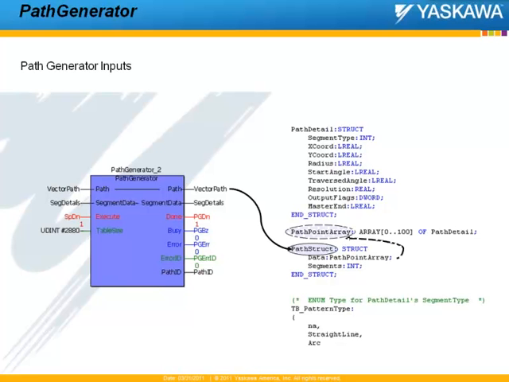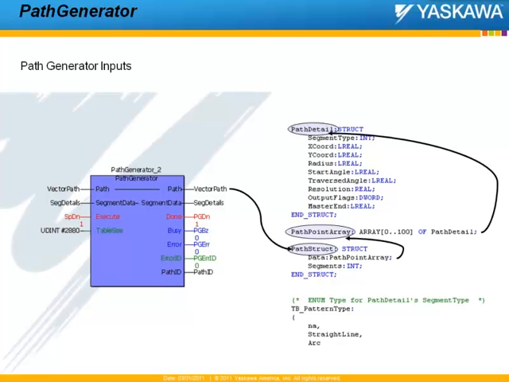And the different detail elements that you create for a path can be seen under that structure called path detail at the very top. It contains information about the segment, the x coordinates, y coordinates, a radius in the case of an arc, start angle and a traversed angle for an arc, resolution if required, and also we have provision for providing outputs while the axes are moving along a certain path. And also it's got a master end parameter in it.